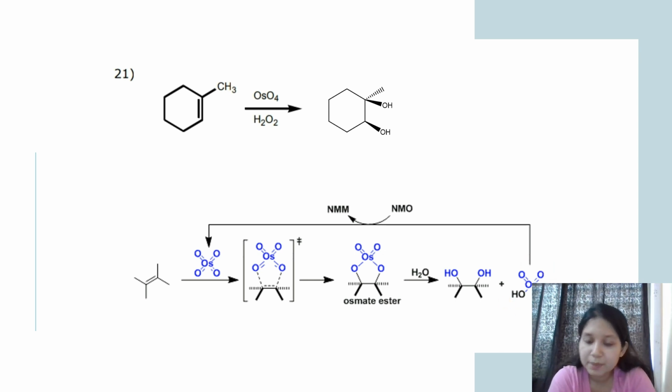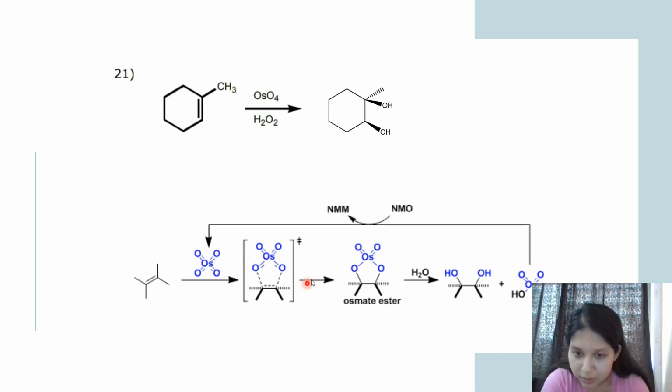So at the beginning of the question I said osmium tetroxide is a highly expensive reagent. So in the course of the reaction, this osmium species which is formed, organic chemists reoxidize into osmium tetroxide so that they can recycle the osmium tetroxide reagent used here.